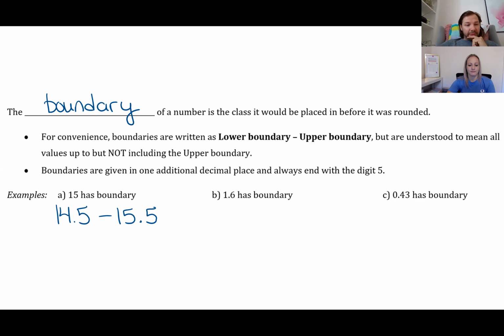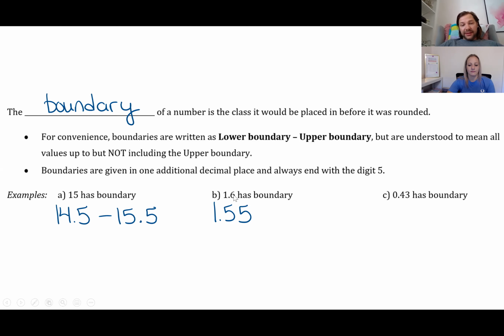Okay, so the lower bound is 14.5, the upper bound is 15.5, and notice that we're not including the upper boundary. So like 15.49999 is really the upper bound for 15, but that would be way too long to write, so we just write 15.5, right? And so we added and subtracted 0.5 from the 15.